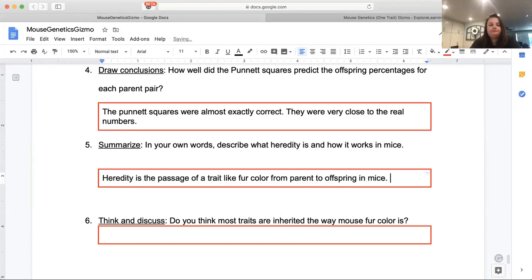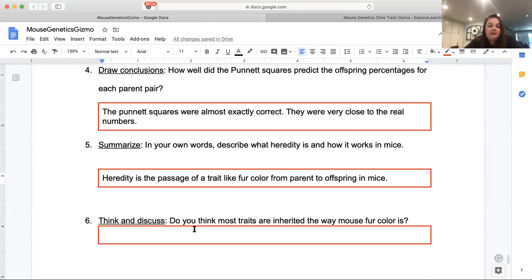in mice. Do you think most traits are inherited the way mouse fur color is? Meaning that you have the two alleles, and if you have the dominant allele, you're always going to be that physical phenotype. Or do you think that sometimes they might be mixtures? So if your parents are black and white, you might be gray, if you're a mouse.